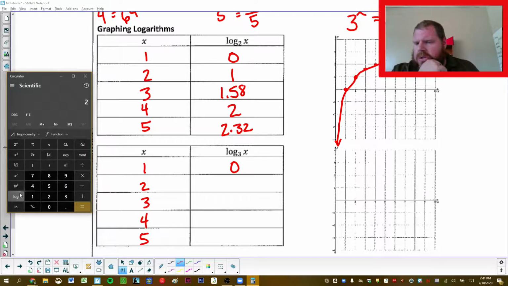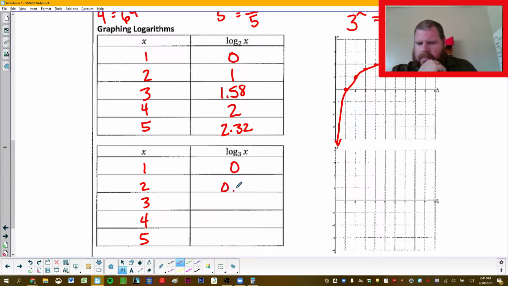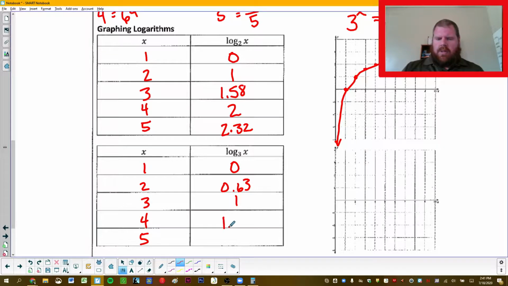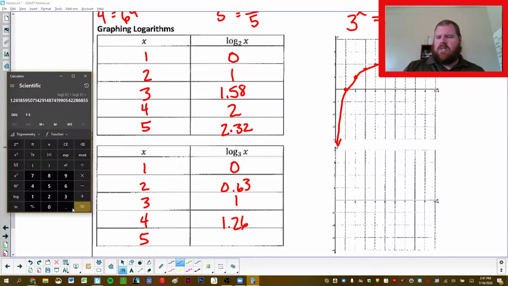So 2 log divided by 3 log, 0.63. 3 to what power gives me 3? That's going to be a 1. Sorry for going quickly through this, but you can check all these. 1.26 and 5 is 1.46.